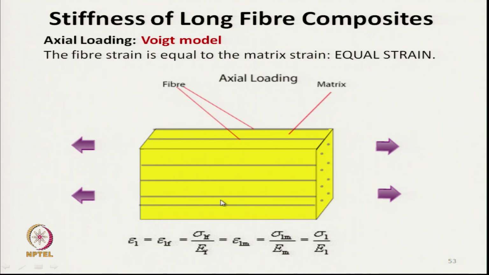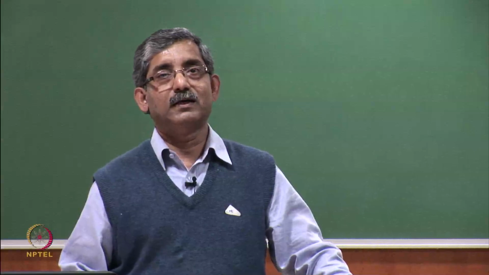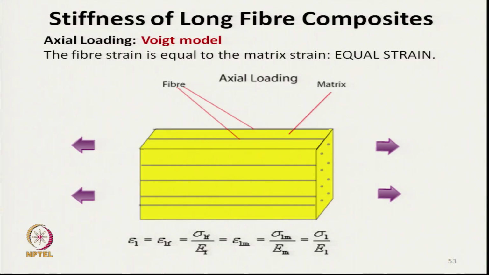There are 2 models. One is by axial loading, called the Voigt model, and the other is transverse loading. I will discuss transverse loading separately. In axial loading, this is the composite block, the black lines are the reinforcing fibers, and the yellow portion is the matrix.